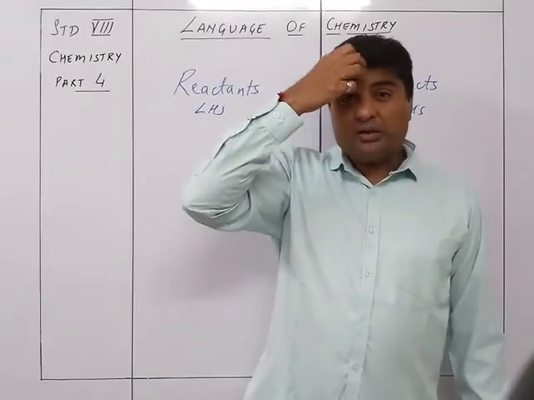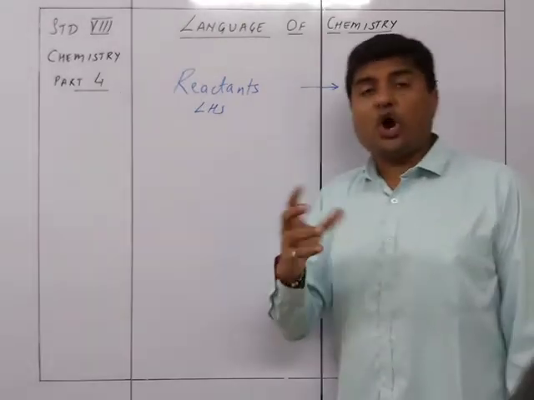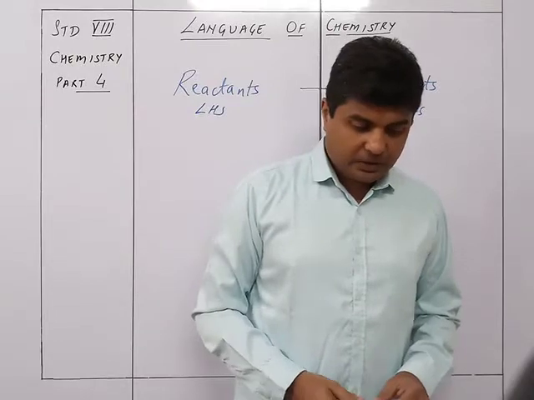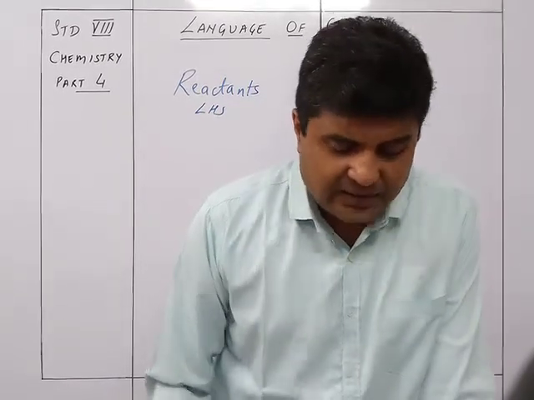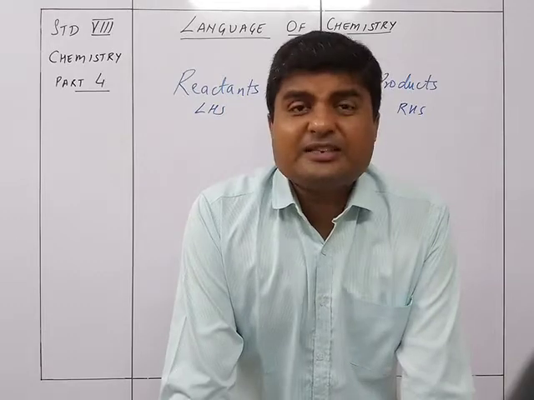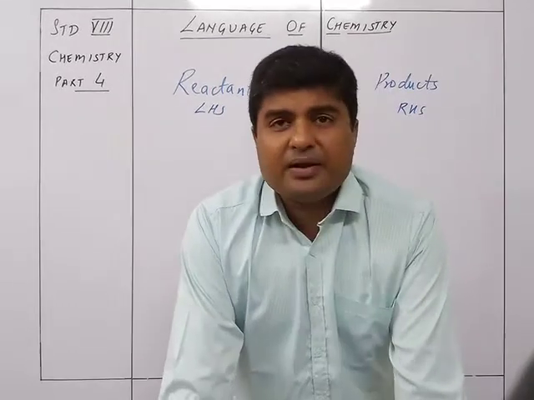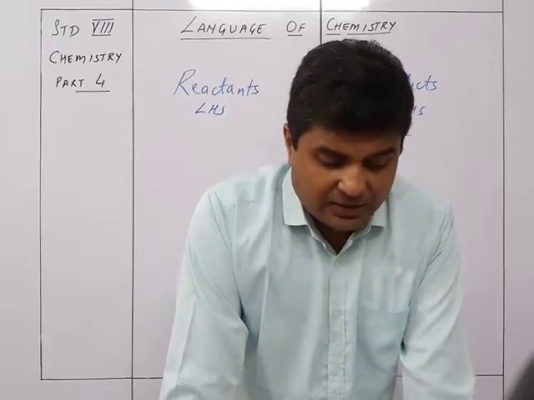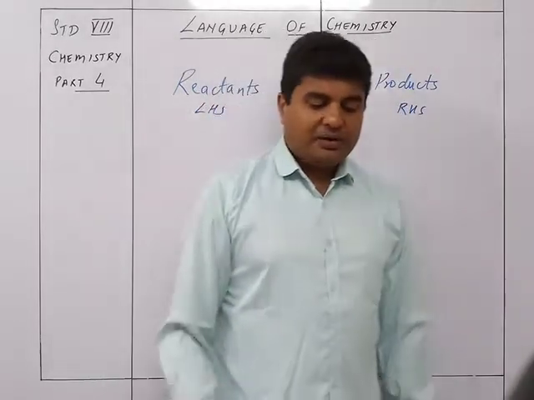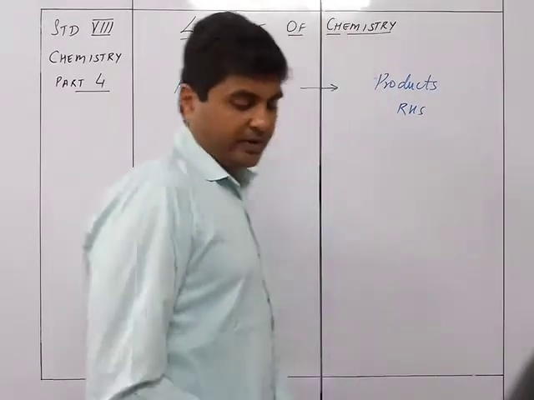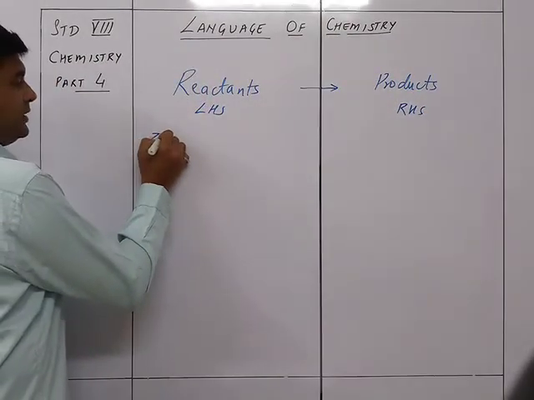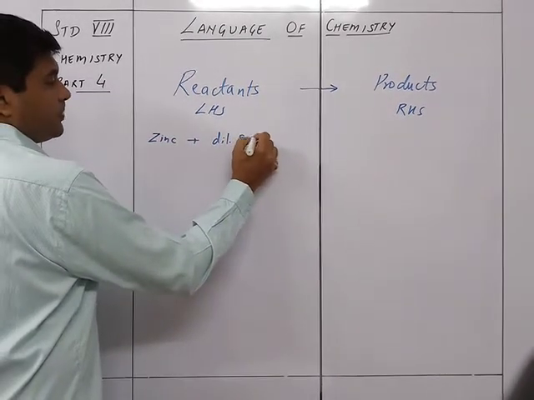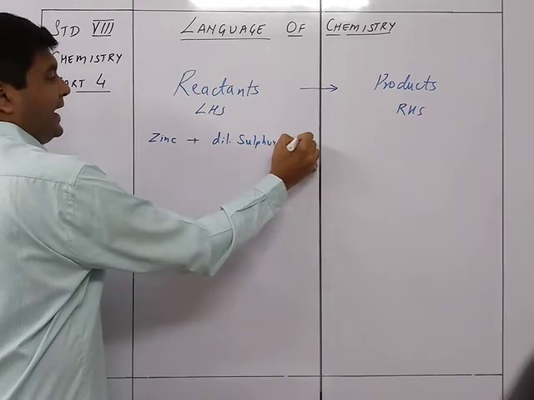That's why we call the equation a shorthand form of a chemical change which is going to take place. On the left hand side, write the reactants, that is substances which take part in the chemical reaction. Those substances which take part in the chemical reactions are called the reactants. For example, dilute sulfuric acid and zinc. Zinc is reacting with dilute sulfuric acid.